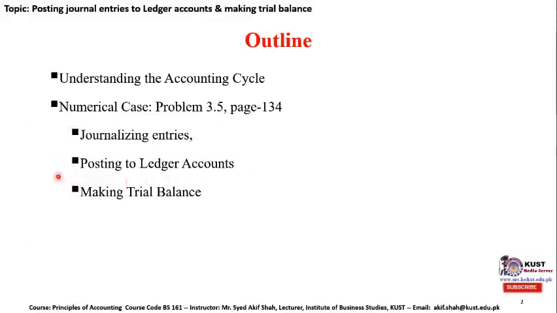So the main reason for making a trial balance is to have a counter check of our previous 2 steps, because this will help us figure out any mistake in them. This is why we say it's a trial balance, and if both sides of a trial balance match with each other, then we have not made any mistake. And if there is certain mismatching in the trial balance values, then definitely we have committed certain mistake in the previous 2 steps, which needs to be rectified in the 4th step, that is to make an adjusting entry, which will be discussed in the subsequent lectures.